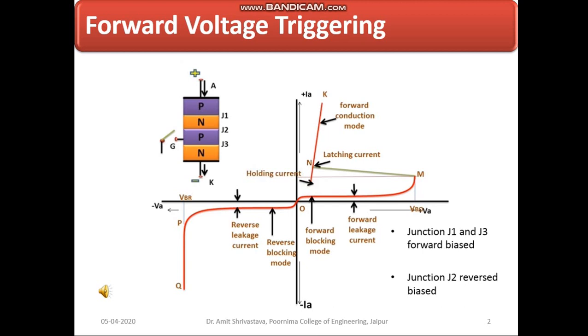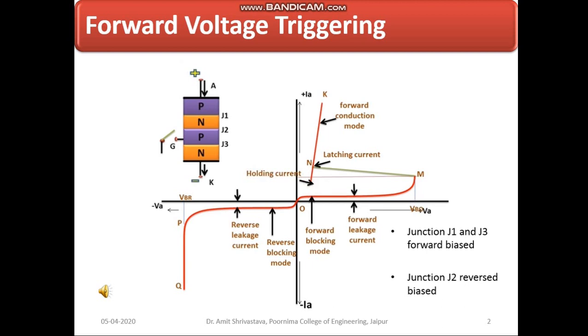As the other junctions J1 and J3 are already forward biased, breakdown of junction J2 allows free movement of carriers across the three junctions, and as a result, large forward anode current flows. This forward current is limited by the load impedance.